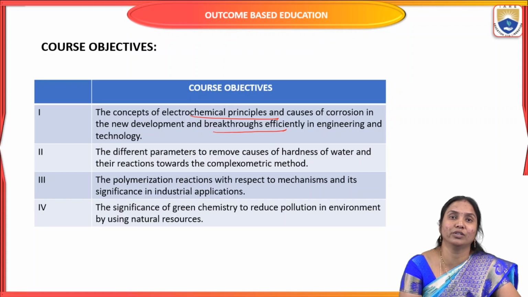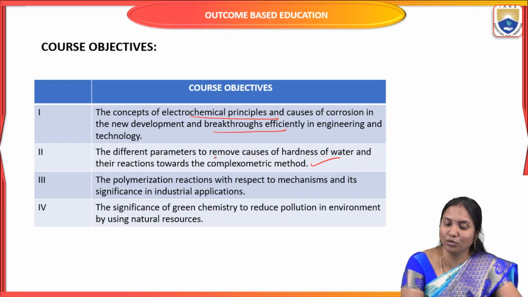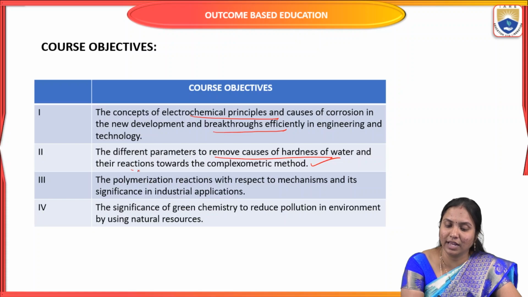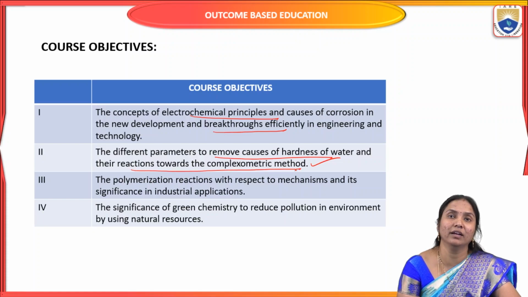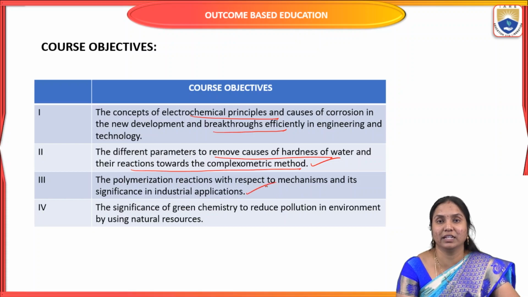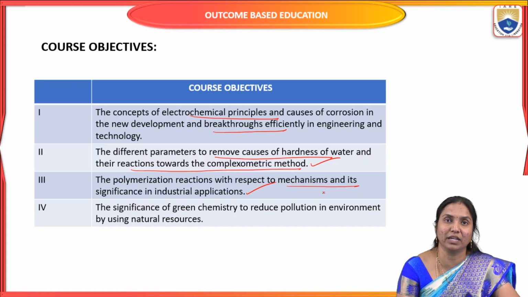Course objective 2 is the different parameters to remove the cause of hardness of water and their reactions towards the complexometric method. The third one is the polymerization reaction with respect to mechanism and its significance in industrial applications.